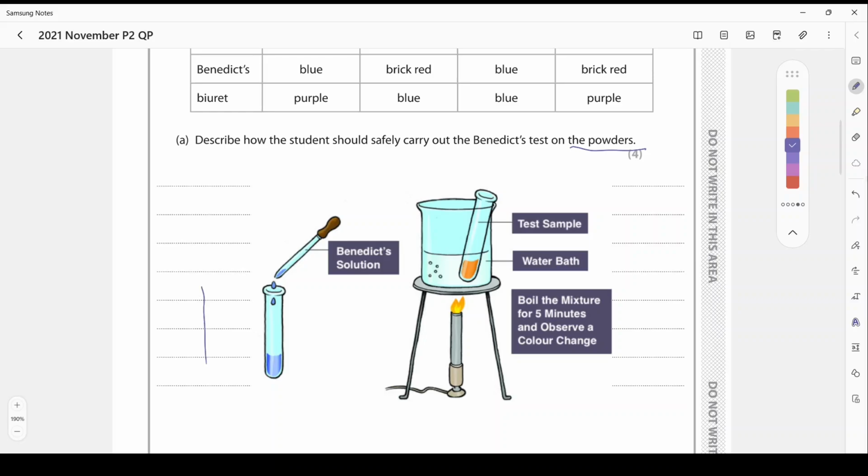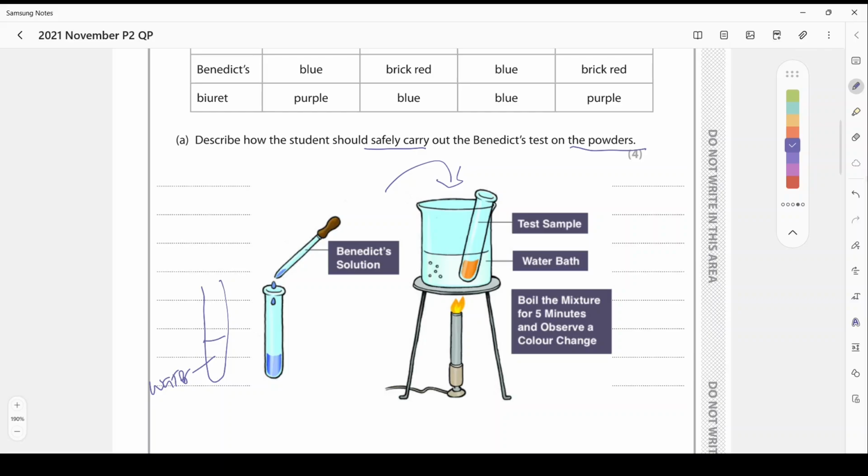So imagine you have a test tube and you fill it in with water, and then you add the powder into that water first, then add Benedict solution, as you can see here, and then put it in a hot water bath and observe any color change that would happen in, let's say, 5 minutes. And because you want to carry out this procedure safely, you want to use safety goggles for this experiment.